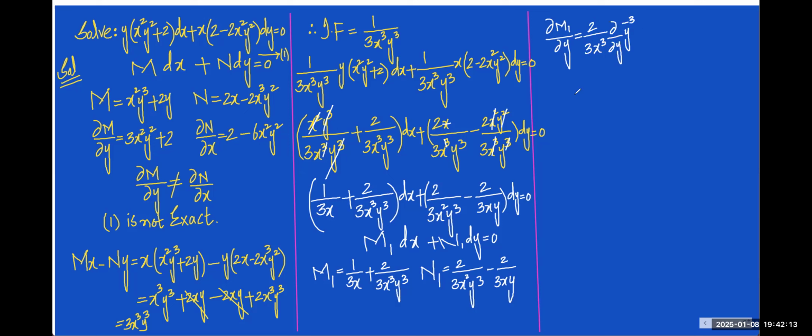Why did we take 2 by 3x cube as a constant? Because we are doing partial differentiation with respect to y, so x is a constant.